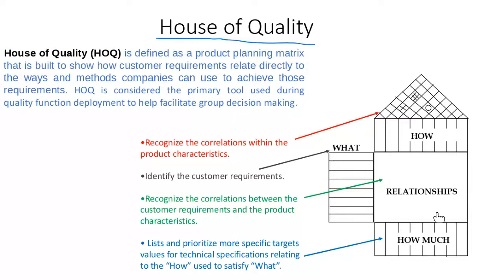The main room, the middle section here, shows the relationship between the how and what. Previously, we talked about the roof, which is the relation between the specifications themselves. Here, it is the relation between the how and what, between the customer requirement and the specification.